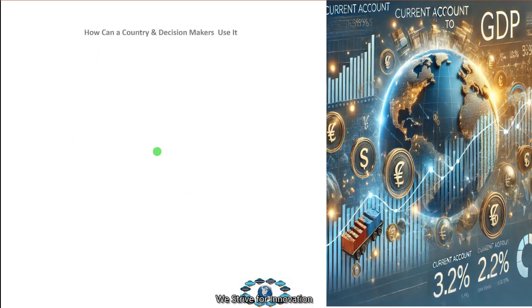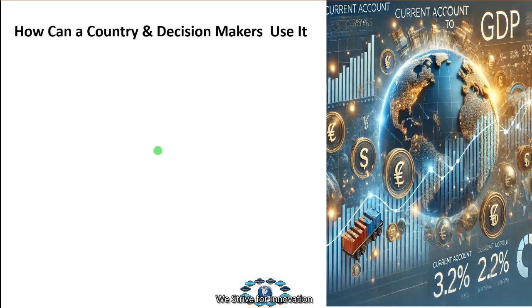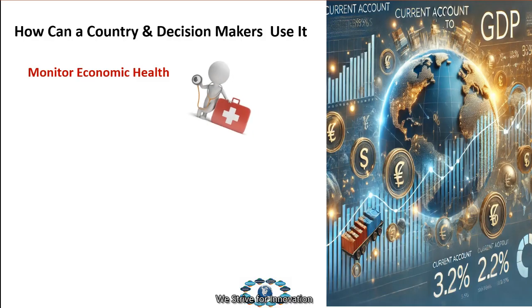So now let's look at how a country and a decision maker can use this current account to GDP. First, they will use it to monitor economic health, keeping an eye on trade balances and international competitiveness.